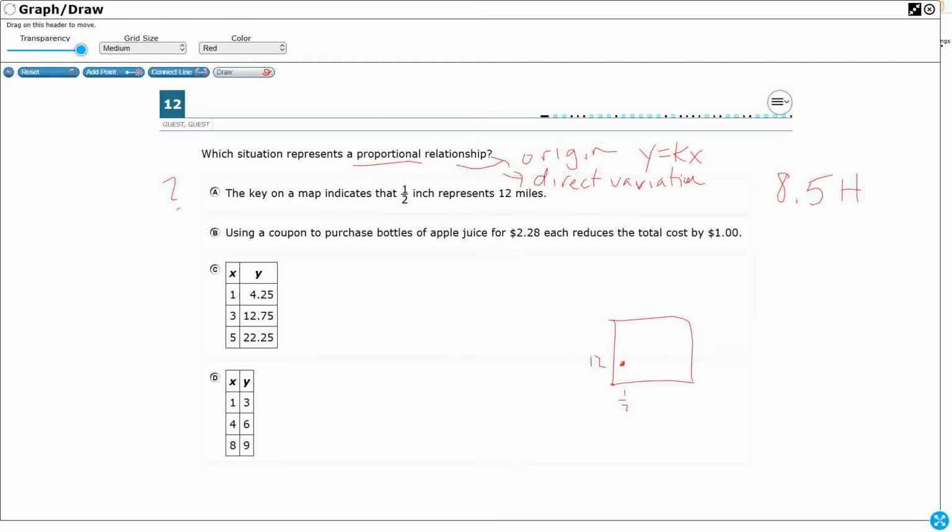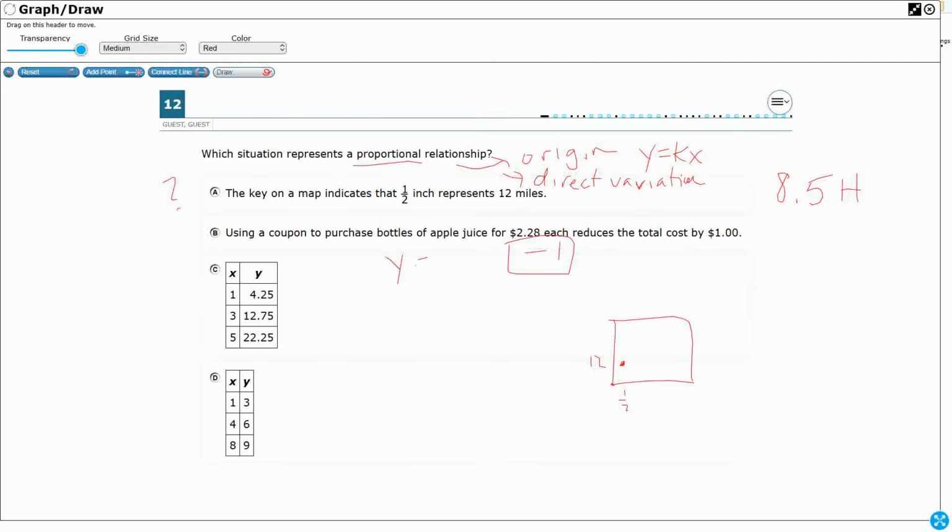So using a coupon to purchase bottles of apple juice for $2.28 each reduces the total cost by $1. All right, so we have an additive relationship, right? We've got -1, so that already tells me that we're going to have y equals mx plus b.